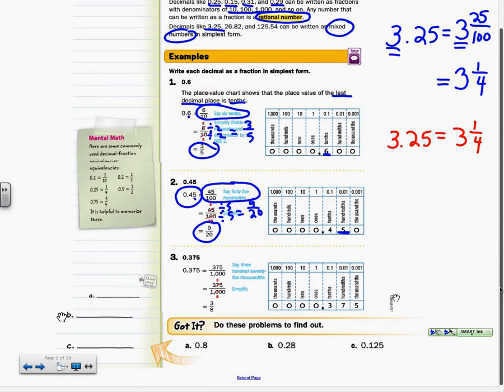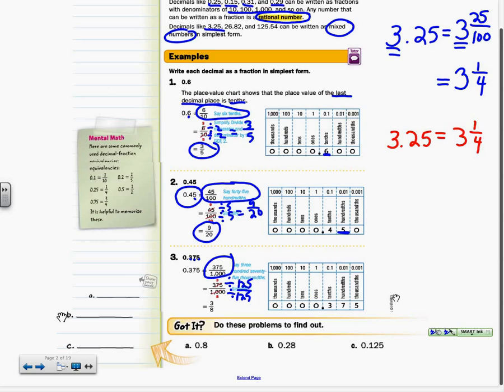And the third one, we have a number that has 1,000 as a denominator because the 3 is in the tenths spot, the 7 is in the hundredths spot, and the 5 is in the thousandths. So we would say 375 thousandths. Now I need to divide both 375 and 1,000 by the same factor. If I remember correctly, 125 goes into both of those.